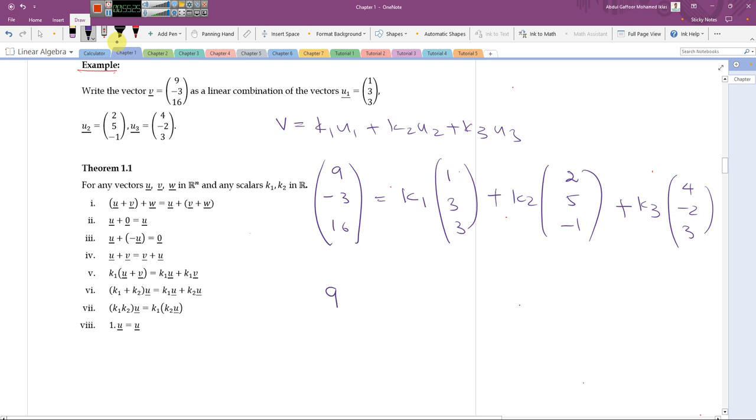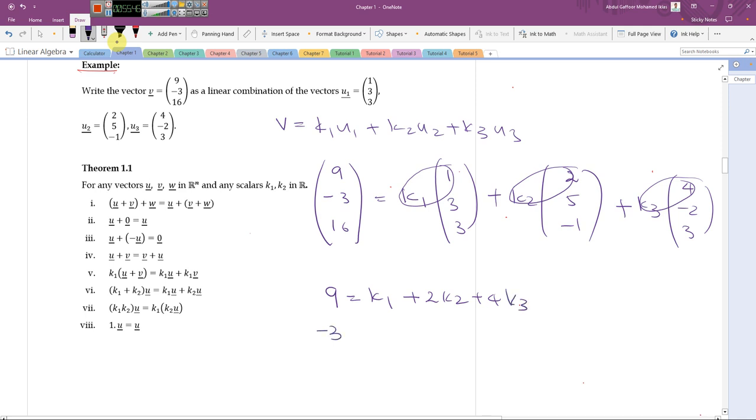So 9 is equal to k1, and I am just multiplying the components and then adding: k1 plus 2k2 plus 4k3.